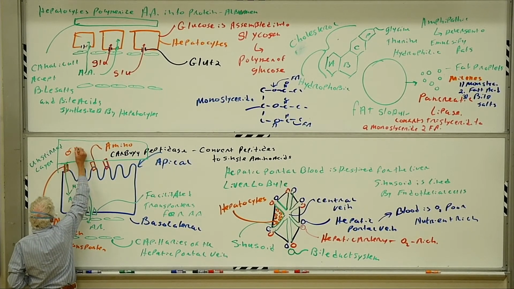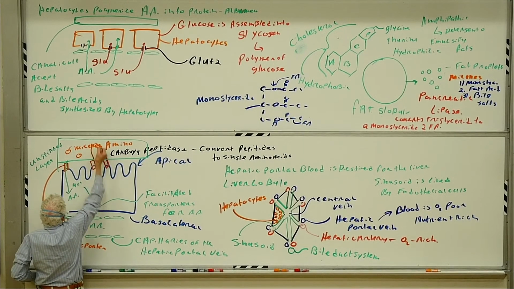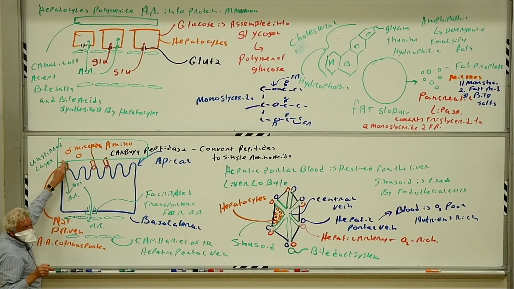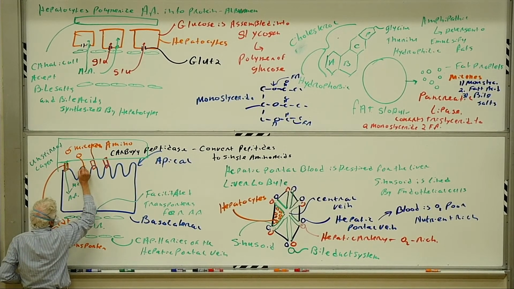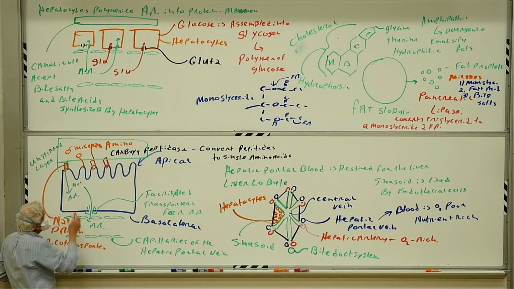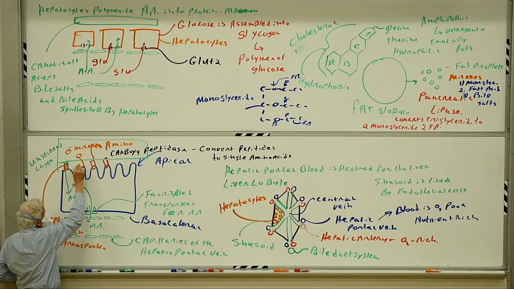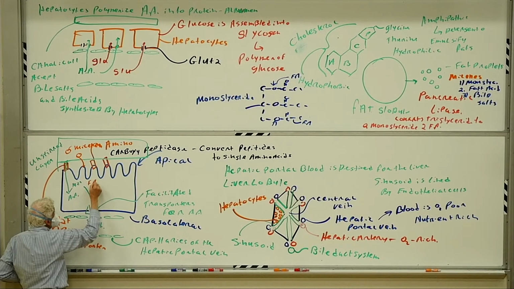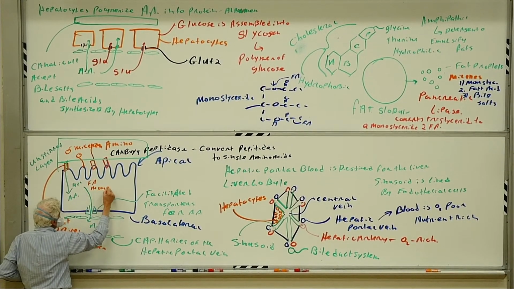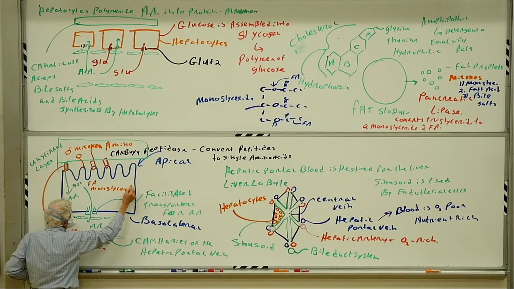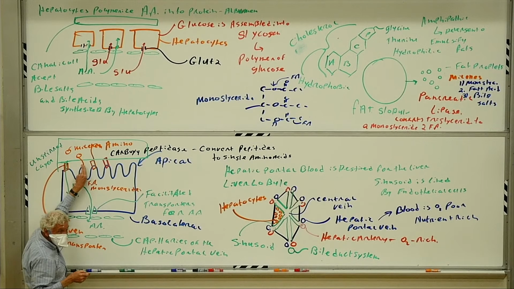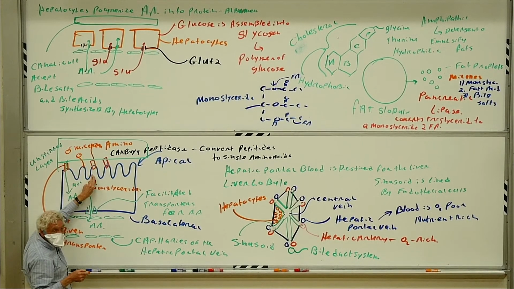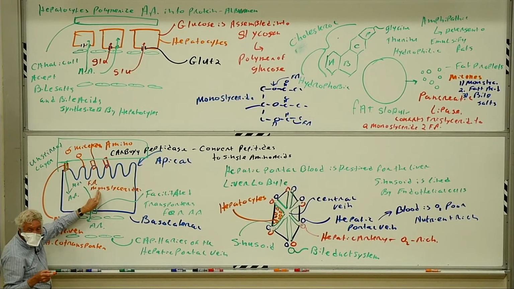So these are micelles. Remember, this is a quiet zone. And so the micelles now can bump up against the brush border. They can bump up against the microvilli. And when they do that, the fatty acid and glycerides that were in the micelles can now come right across the membrane. They're hydrophobic, they're lipophilic, they come across the membrane, and they're now in the cytoplasm.